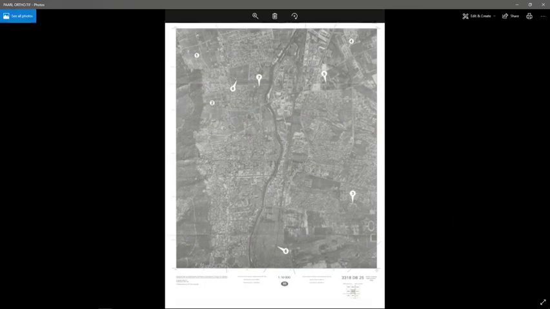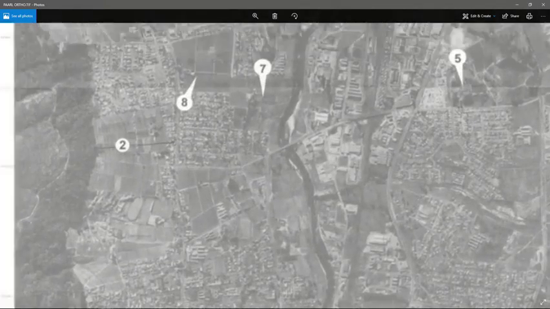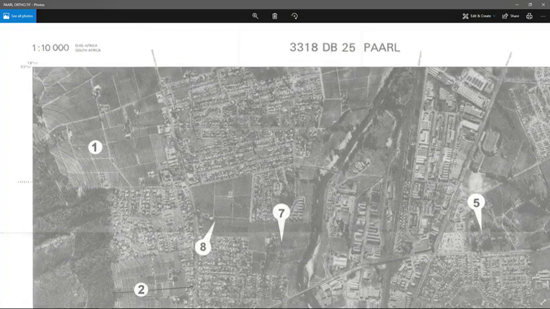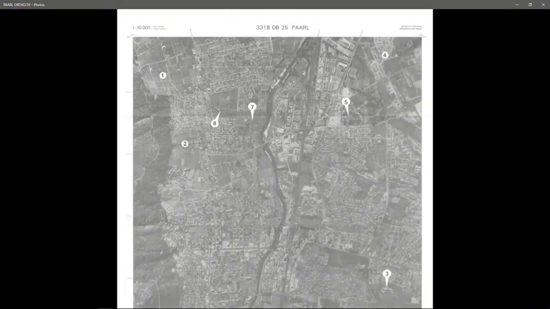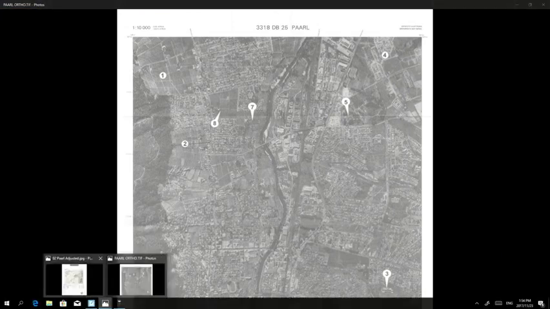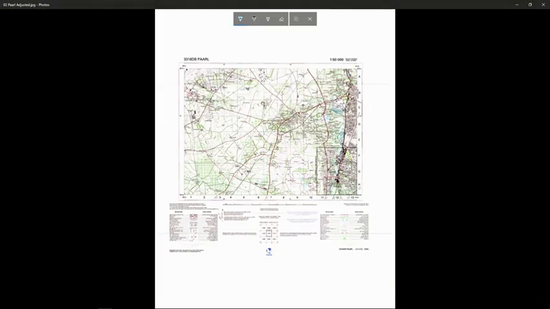The vertical scale, I will provide you with the vertical scale. And what is the horizontal scale of an orthophoto? 1 to 10,000.